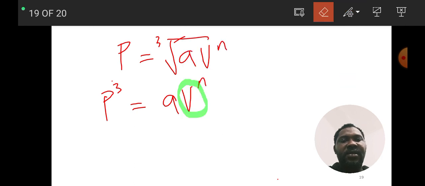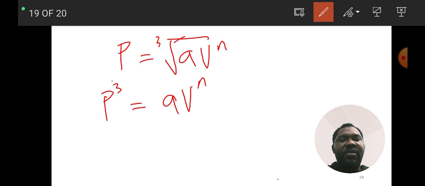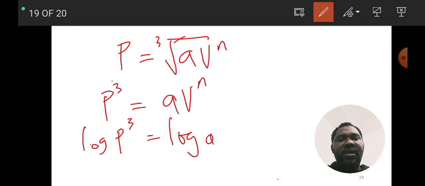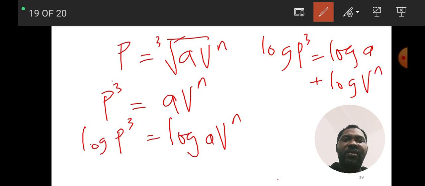If we do that, we're going to have log P cubed equal to log of aV raised to power n. That means log P cubed is equal to log a plus log V raised to power n, according to the law of logarithm.